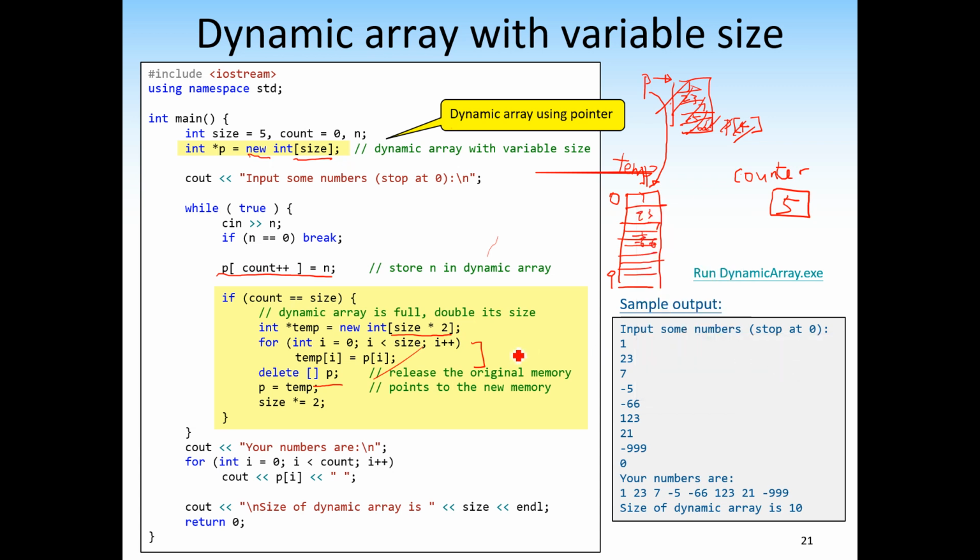Okay, so that's why up to here we dynamically allocate new memory. And then after that, we still go back to the for loop. We got new input. So the next ones turn to be 1, 2, 3, and then 21, and then -999, and then 0.